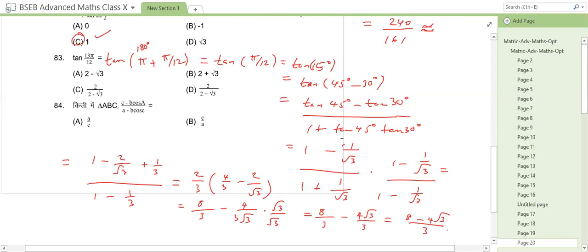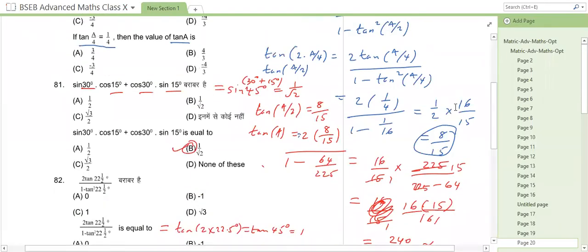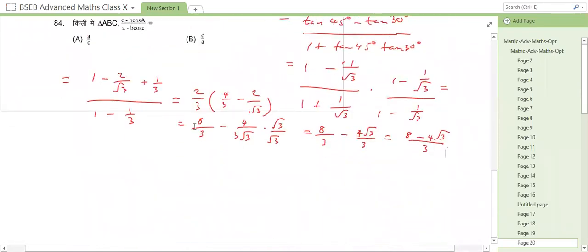Let's just double check the calculations. Seems like there's a problem here.